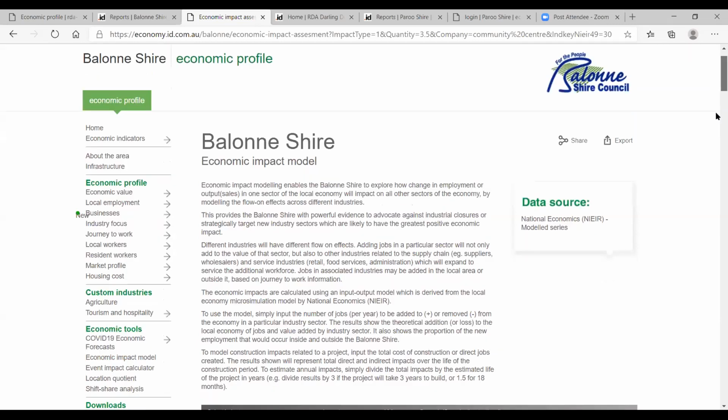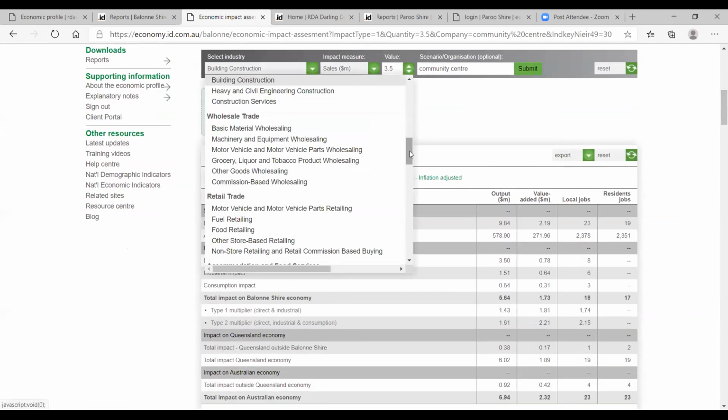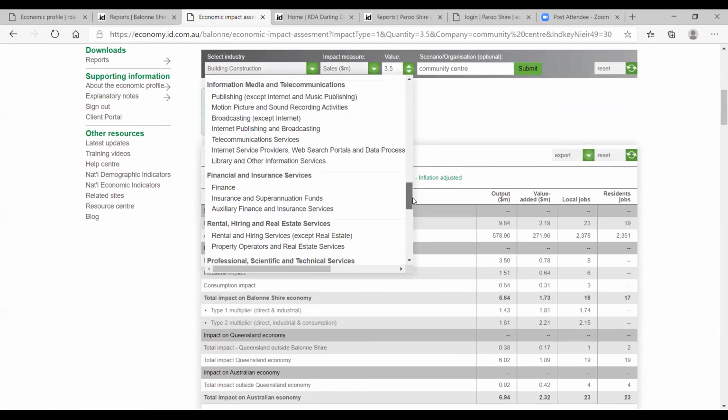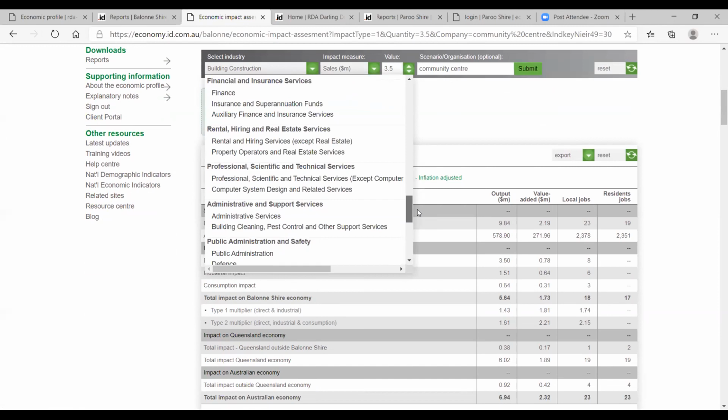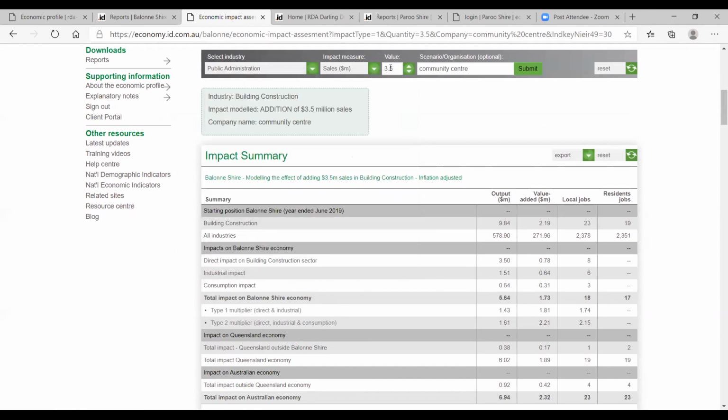The next thing that you need to do is not just the building construction phase, you also now need to put in, well, in this particular community centre, we're going to have 5 people working. Yeah, jobs.